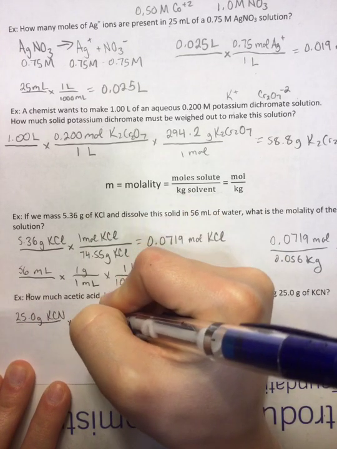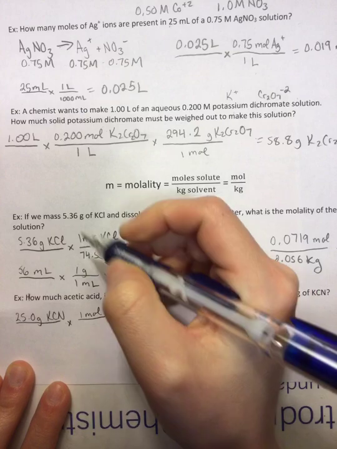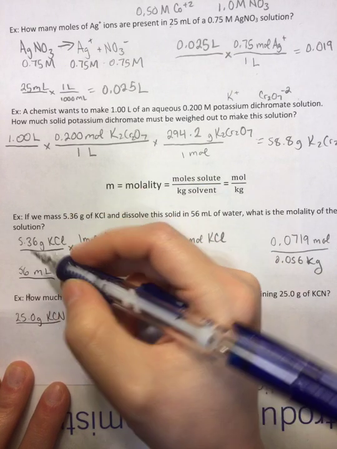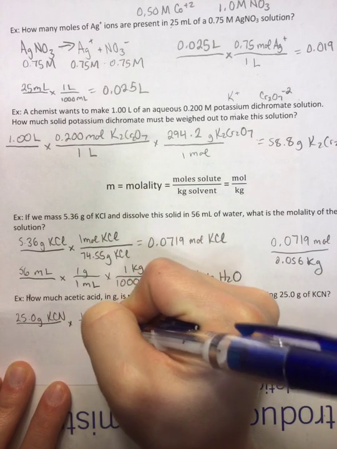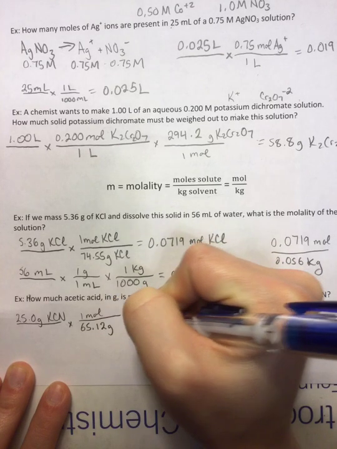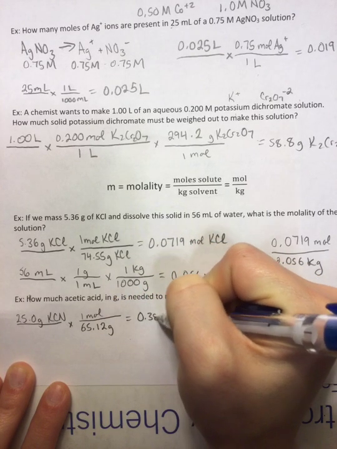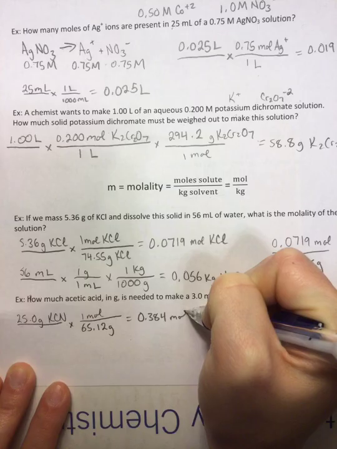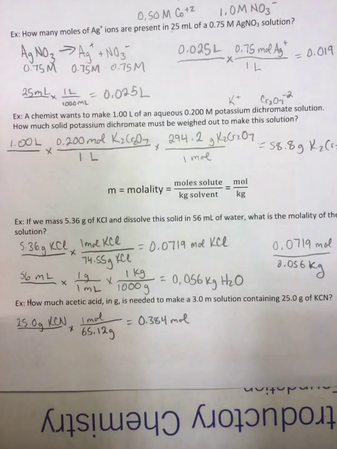Use my molar mass. From my periodic table, it's 65.12 grams, or 0.384 moles.